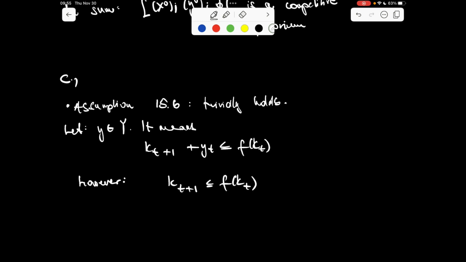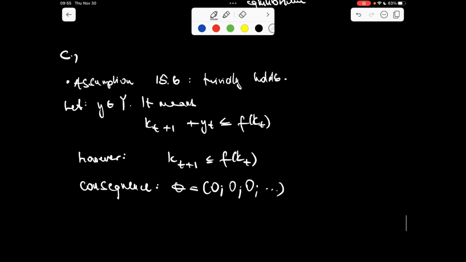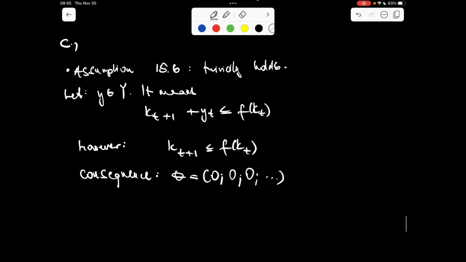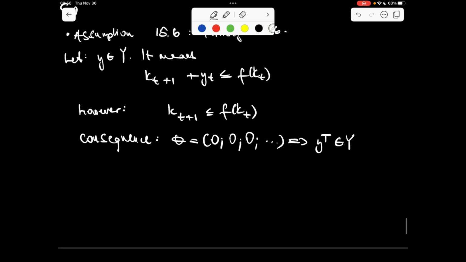So this inequality also applies, because of which consequence the 0 consumption stream or production stream is also in the production set to any capital T, meaning that any truncation of a feasible production path remains in the production set. So assumption 15.6 holds.